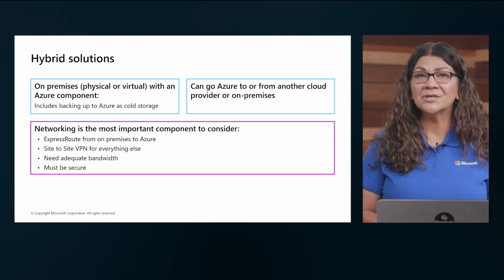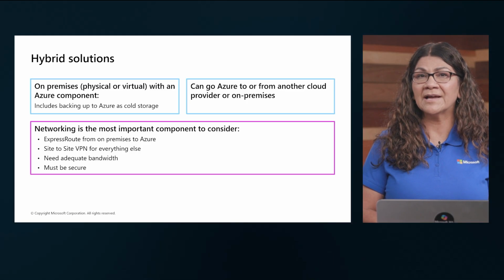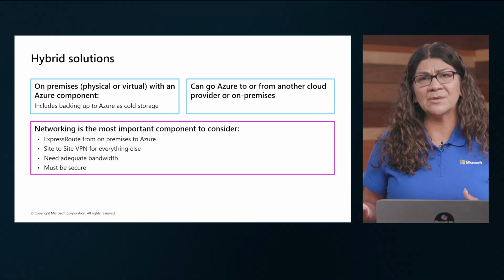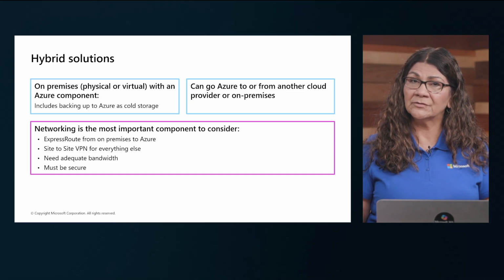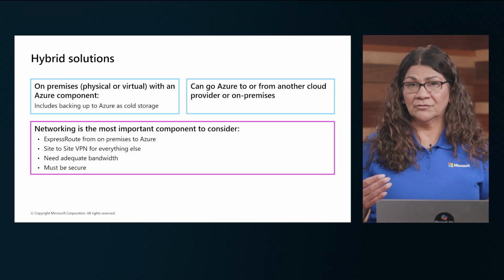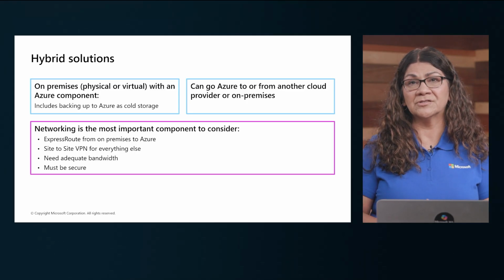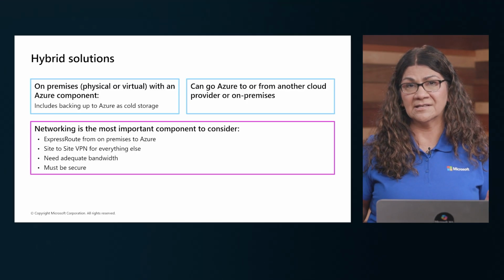Hybrid solutions are typically IaaS-based, as PaaS offerings like Azure SQL Database are not really designed for traditional hybrid configurations, though exceptions like SQL Server transactional replication from on-prem into Azure SQL Managed Instance do exist.